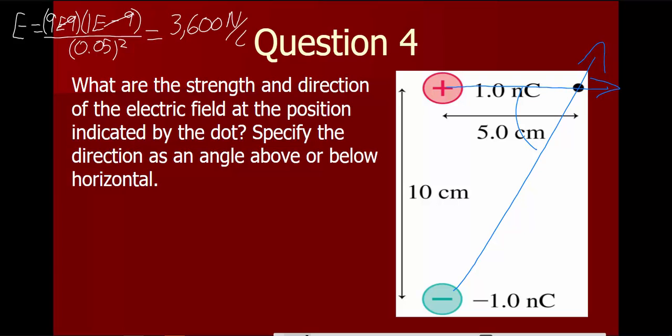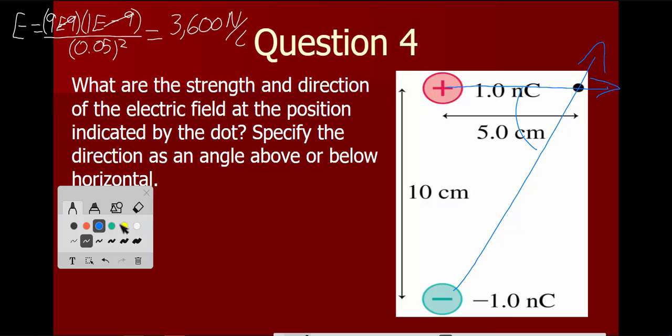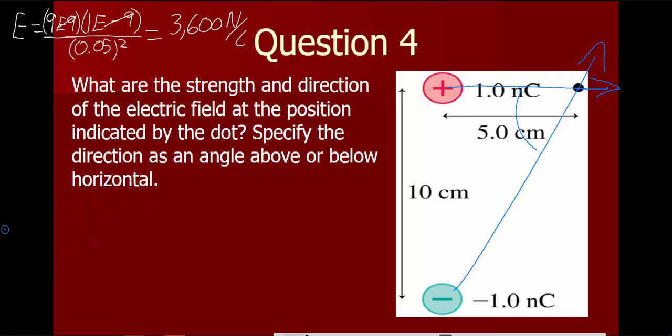Alright, so let's do the next one here. So let's do the other dot. So we should get an electric field for that point as well. So I guess I do it over here. So it's still 9 e to the 9th times, what's this charge? Negative 1, which we don't put the negative in, that's direction. So we still do 1 e to the negative 9th, which again kind of cancels, so it's 9.